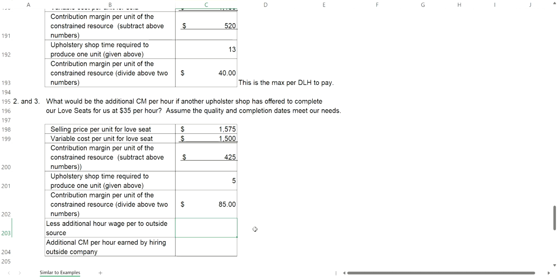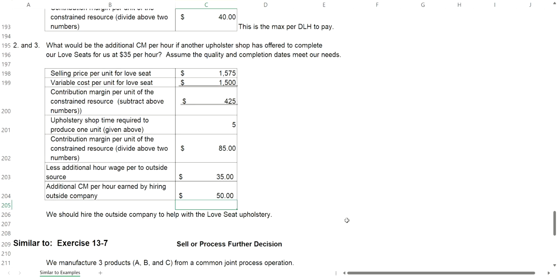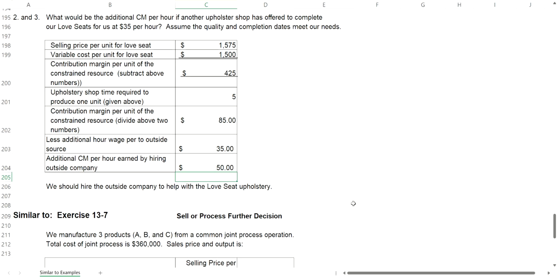Now, an outside vendor said they would make it for $35 per hour. So if I take 85 minus 35, that's actually going to be to our benefit. That gives us an additional contribution margin per hour of $50. So therefore, we should hire the outside company to do our love seats.